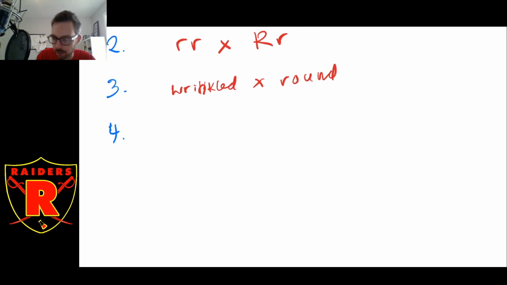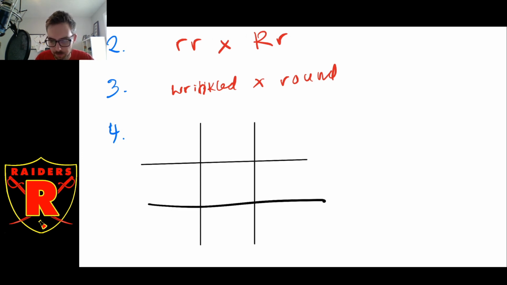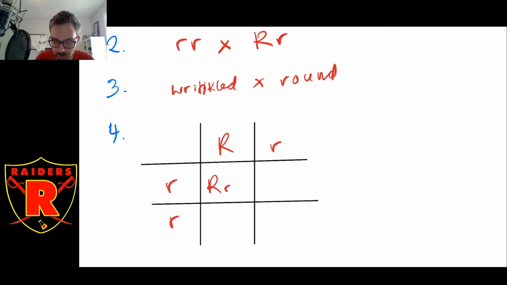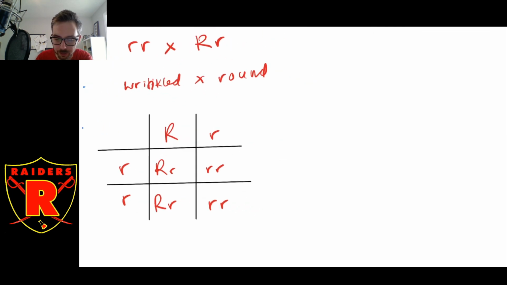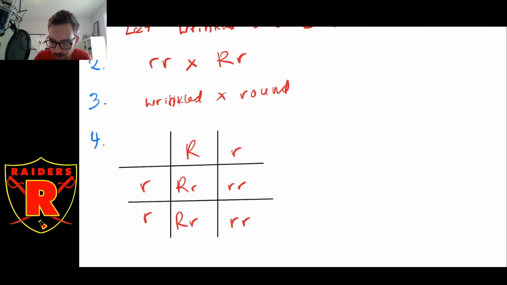Okay, so our Punnett square is wrinkled on one side, heterozygous round on the other. We get big R, little r, big R, little r, and little r. Then let's look at our phenotypic and genotypic ratios.